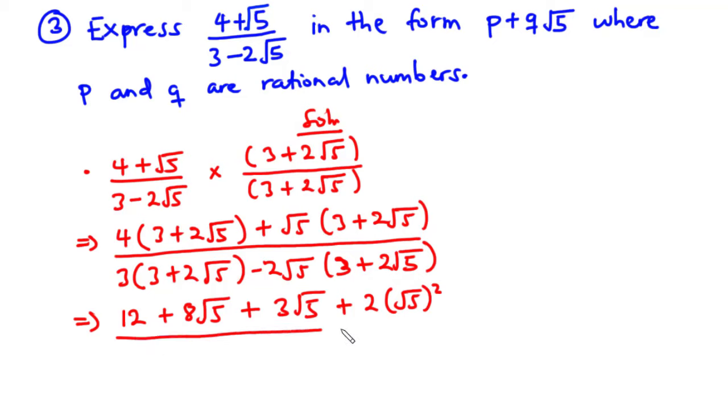So we have that divided by, now 3 times 3 is 9, and then 3 times 2 is 6, so we have 6 root 5 minus, now 2 times 3 is 6, and then root 5, and then 2 times 2 is 4, and then root 5 times root 5 is root 5 squared.